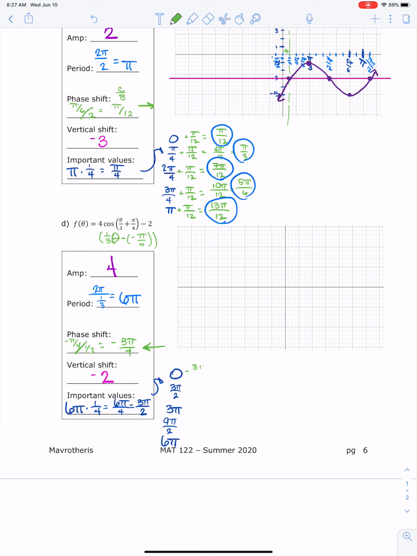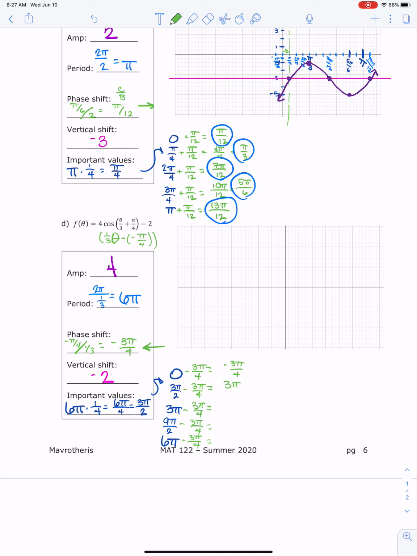To each of these, I'm going to subtract 3 pi over 4. My shift is a negative 3 pi over 4. So I'm adding negative 3 pi over 4. So I get negative 3 pi over 4. I get 3 pi over 2, 6 pi over 4 minus 3 pi over 4.